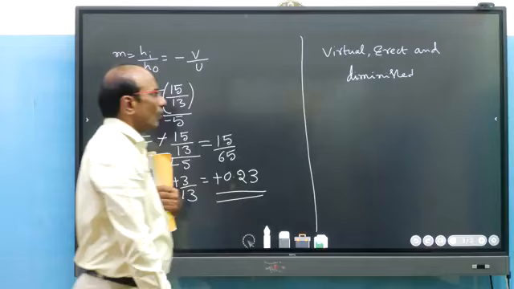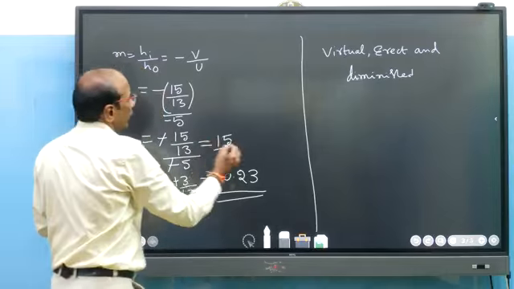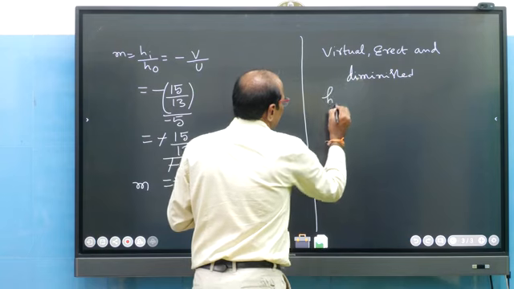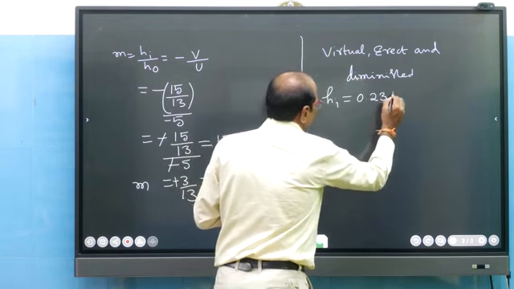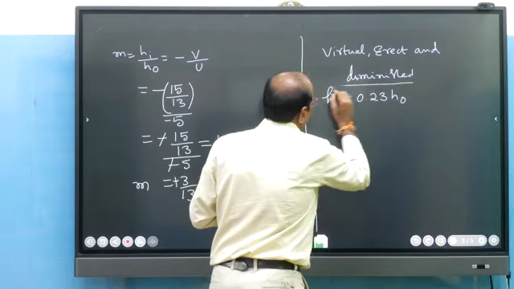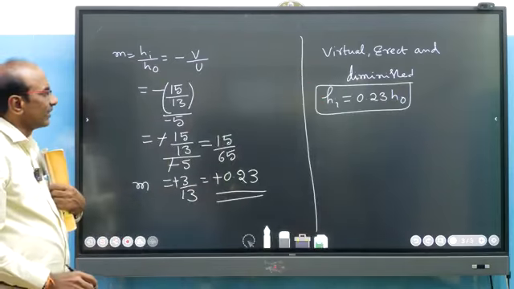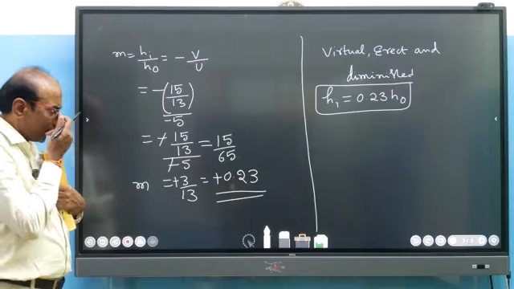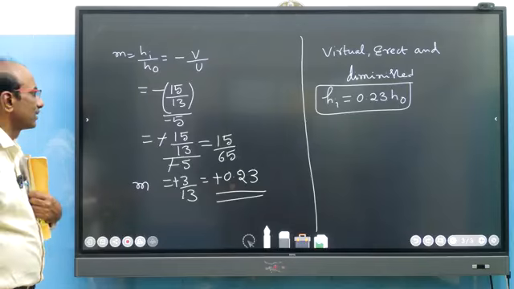What is the meaning of diminished? Diminished means the height of the image is reduced to 0.23 times the height of the object. So the image size is diminished to 0.23 times the size of the object.